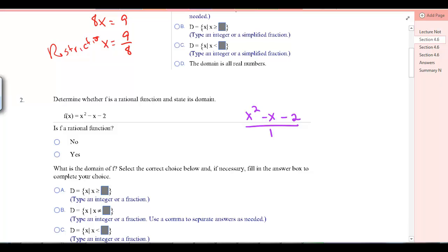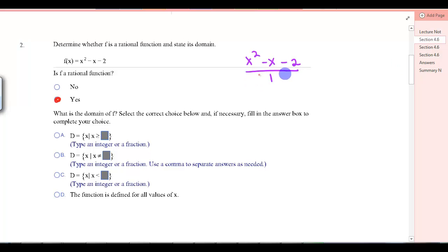So this is going to be a rational function. And what is the domain? Well, there's not an x down here, so there's really no restrictions. It's defined for all values of x. It doesn't really have an x in the denominator.